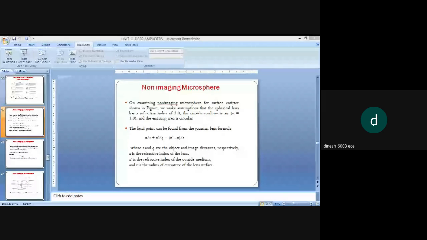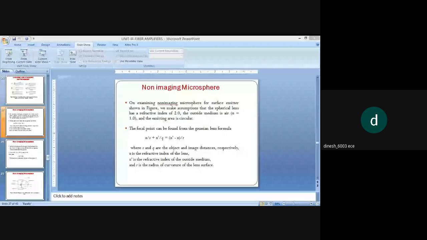So here n is your refractive index of the lens, and n dash is your refractive index of the medium. This is your non-imaging microsphere.